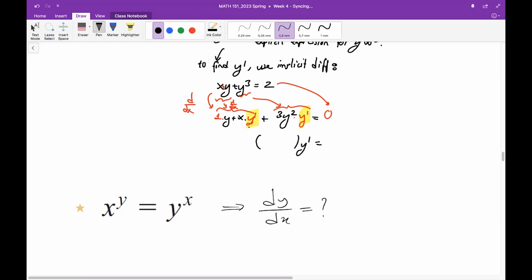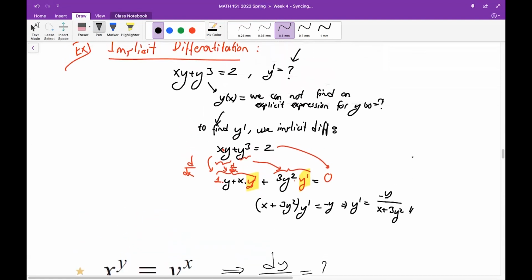So y prime parentheses, 3y squared, okay, like that. And then I will solve it. So let's send this y to the right-hand side as minus y. So y prime is solved as minus y over x plus 3y squared. So this is your answer.